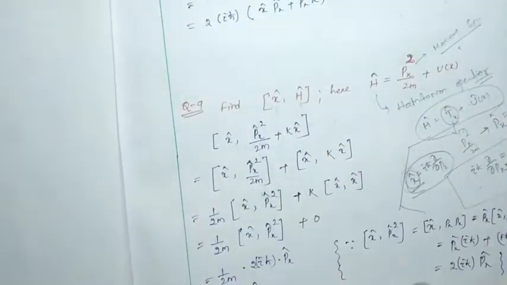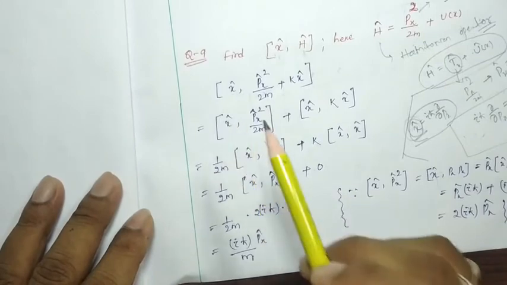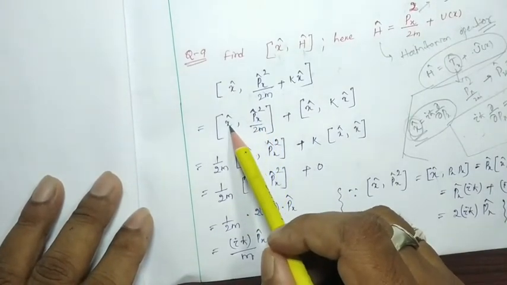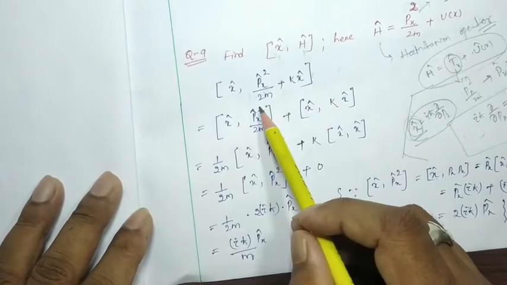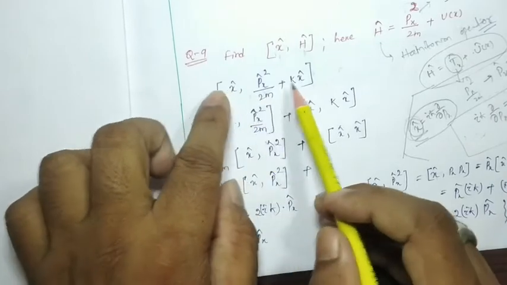I am going to solve it in this way. So this is x cap, which represents the momentum space. And px cap square by 2m plus k x cap, in the commutation algebra.